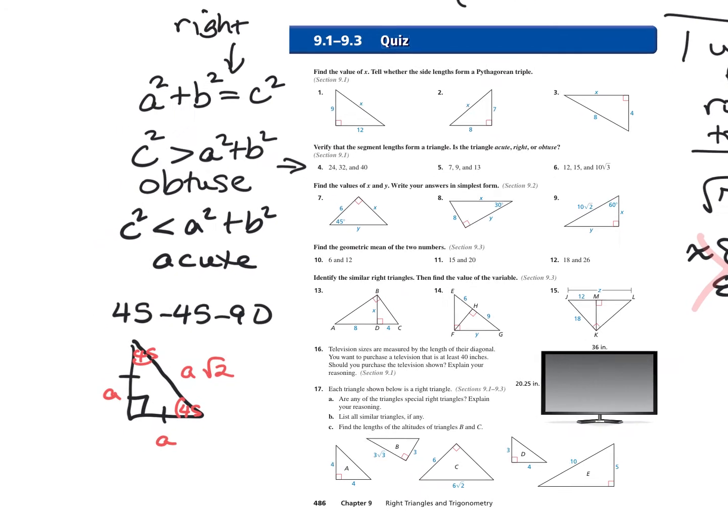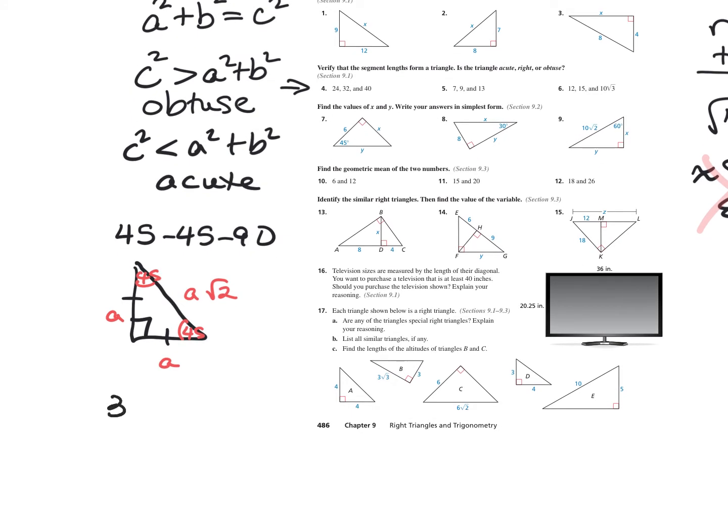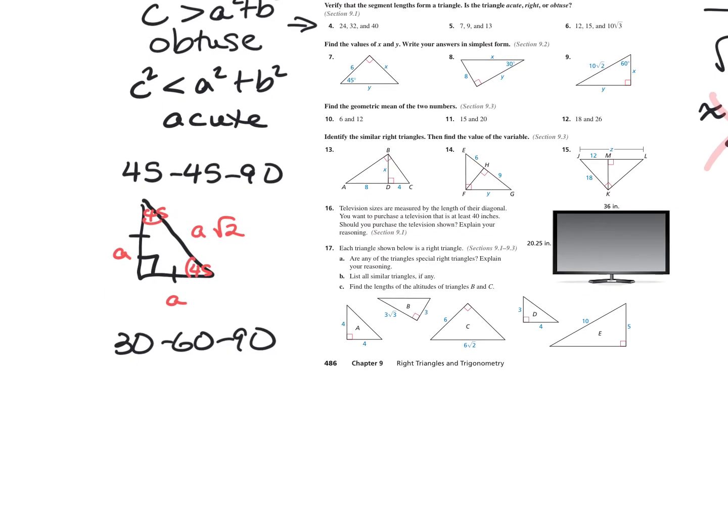The second type of special right triangle was the 30, 60, 90 right triangle. And you're going to memorize again the relationship of the sides. So if the 30-degree angle is down here at the bottom, then the side across from that would be a.